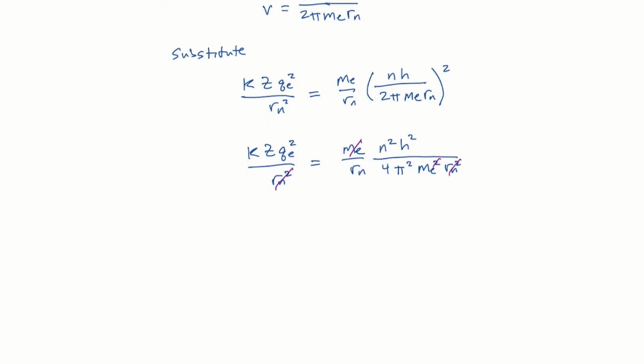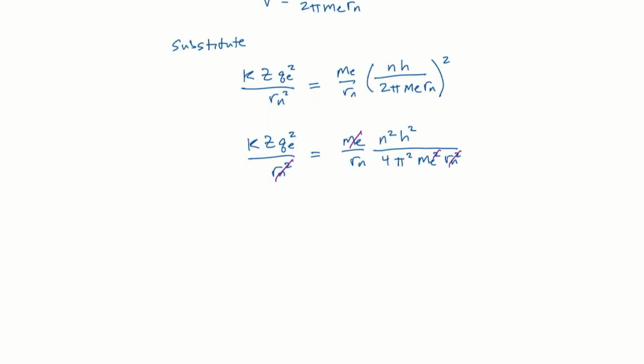So this is going to give us K times Z times Q sub E squared equals N squared, H squared. We've got an R sub n, 4 pi squared, and an M sub E.